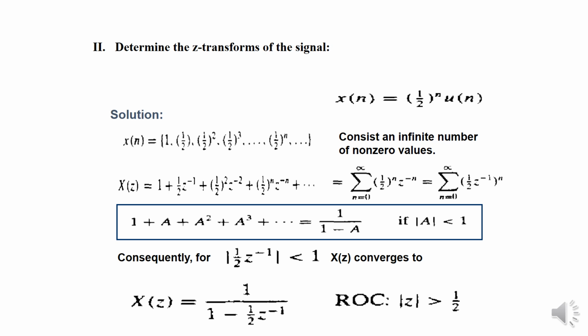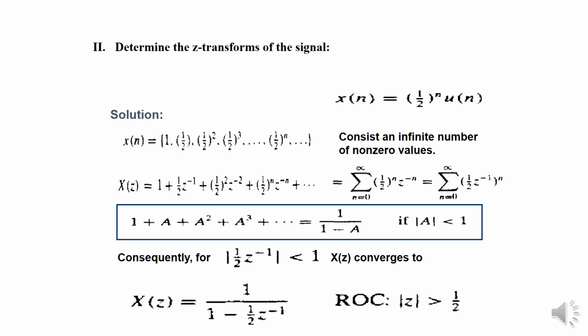Right. So consider this example. Here it says to find the z transform of the signal. So xn is (1/2) to the power n times un. That means xn exists from n equals 0 to infinity, so this is an infinite iteration.